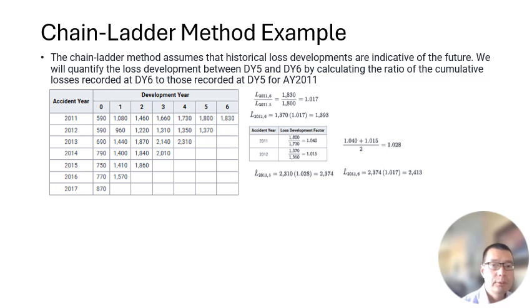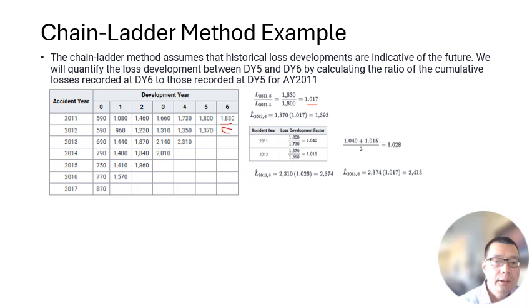So in this case, we use L_{2011,6} divided by L_{2011,5}, which is 1430 over 1400, which is 1.017.